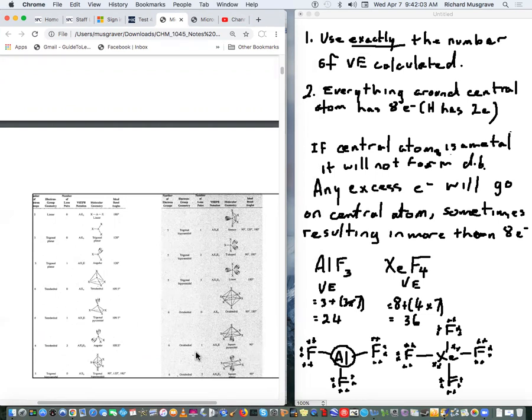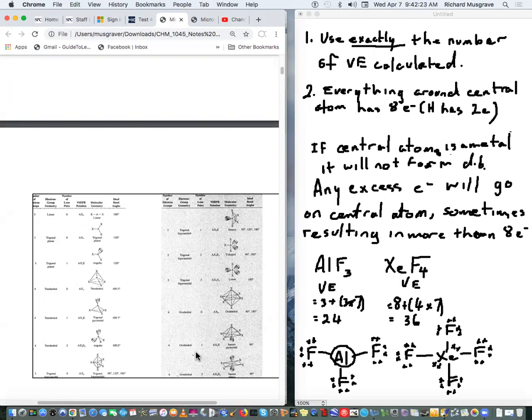So depending upon what's around the central atom, we're going to be able to predict the shape, because the shape is going to result from everything being as far apart from everything else as it possibly can be.